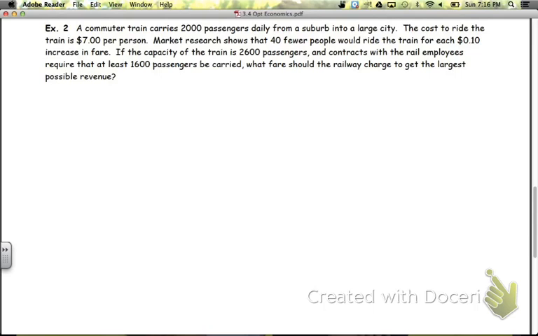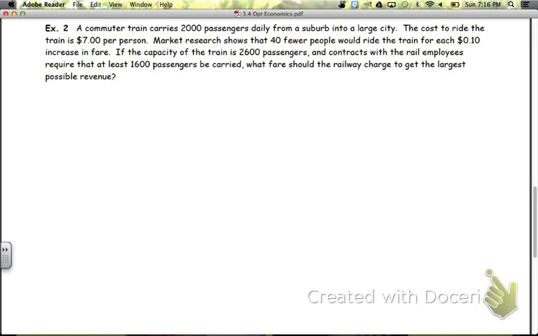If the capacity of the train is 2,600 passengers and contracts with the rail employees require that at least 1,600 passengers be carried, what fare should the railway charge to get the largest possible revenue?